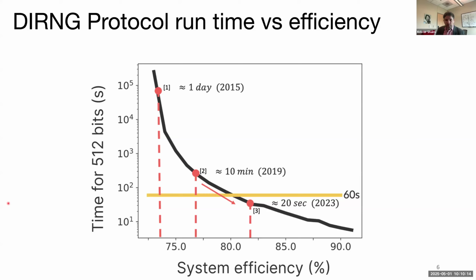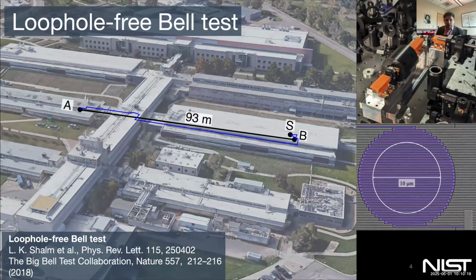One of the options would be, if I wanted to take this experiment that's at NIST, where we've got our two sources separated by 93 meters, and I now want it to go into a city, there's going to be too much loss in that fiber, and we need to overcome that.